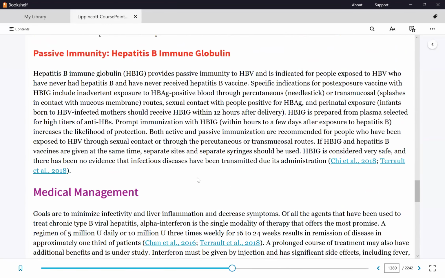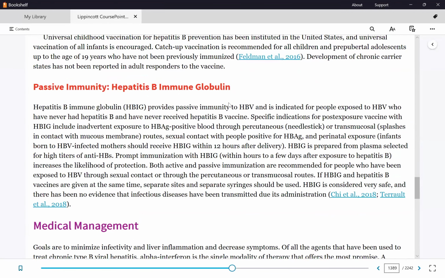Now, in the case wherein the person exposed, which is you, say you were exposed to a needle stick, and you were not vaccinated prior. The protocol is you will be given immediate protection by getting the hepatitis B immune globulin.